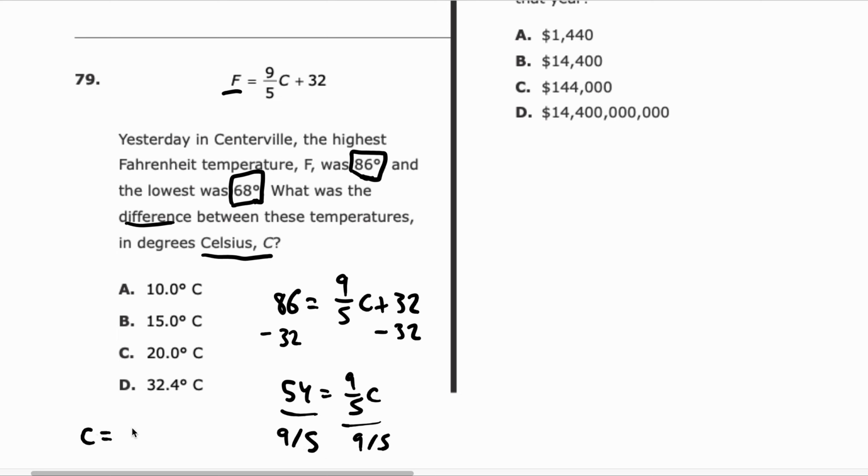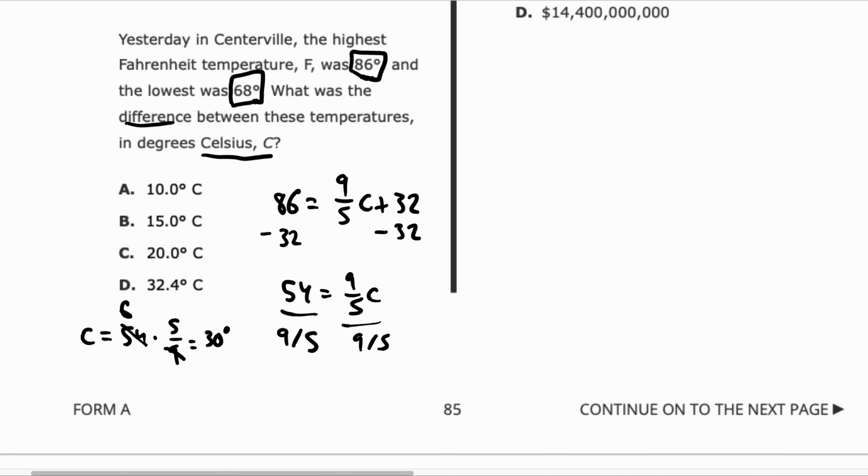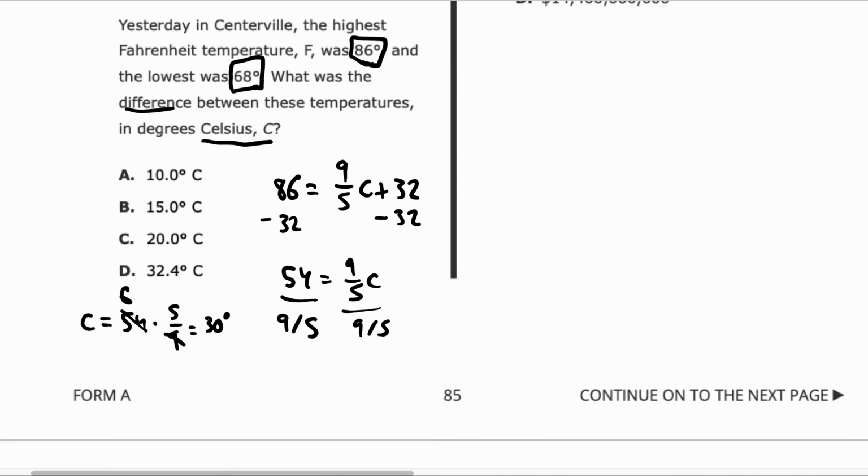So that would be 54 times 5 over 9. This is just 6. So that's 30 degrees Celsius for my 86 degrees. And now let's do my 68 degrees. So we would have 68 is 9 over 5 C plus 32.